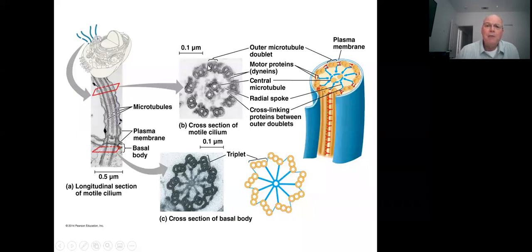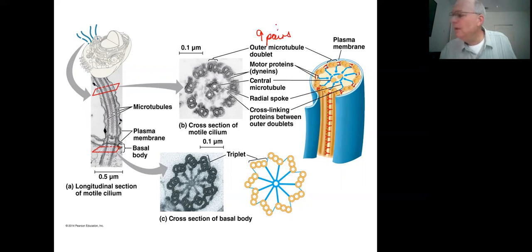So there are 9 pairs of microtubules. I'm going to change it to red for the purposes of highlighting the diagram here. So there are 9 pairs of these outer microtubules, and then in the center, there is a single pair.